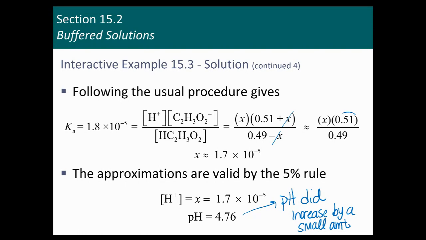If you notice, it's because you have more base and less weak acid. But it's not by a large amount. So the buffer maintains the pH around its pKa. Now, what I would suggest to you, though, is that it would have been faster to just plug in to Henderson-Hasselbalch.